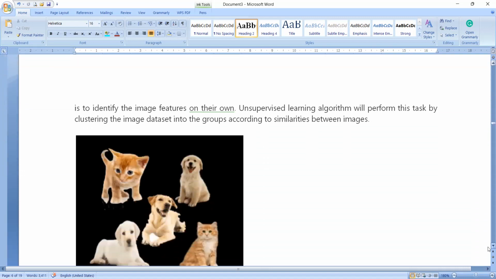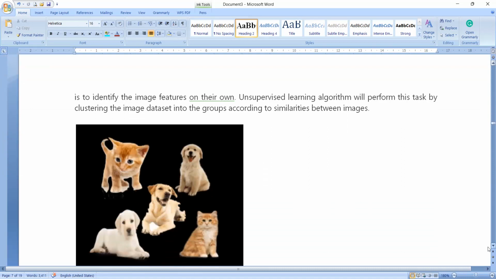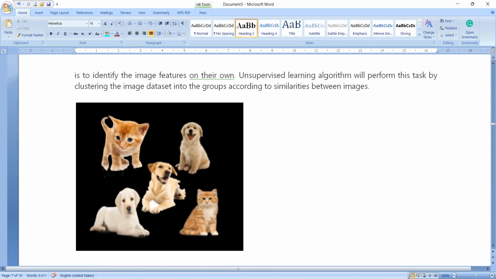Hence, the unsupervised learning algorithm will perform this task by clustering the image data set into groups according to the similarity between images. If this data set is given to the unsupervised learning algorithm, first it clusters the images based on similarities, and these images get classified. The clustering will take place, meaning these two will come to one side and these three come to one side. This is a clustering technique.